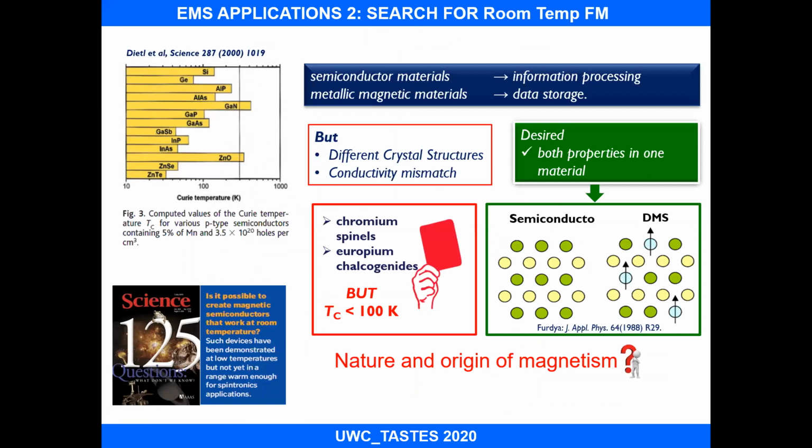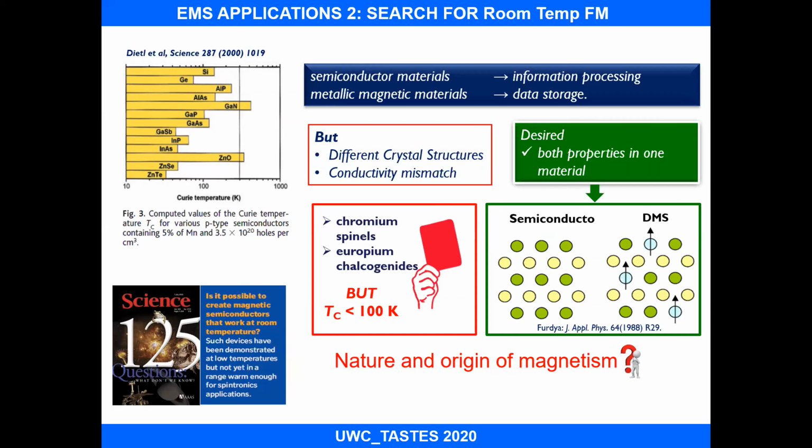Our next project was actually driven by a paper which showed from theoretical calculations that gallium nitride and zinc oxide implanted or containing about 5% manganese should show ferromagnetism at room temperature.